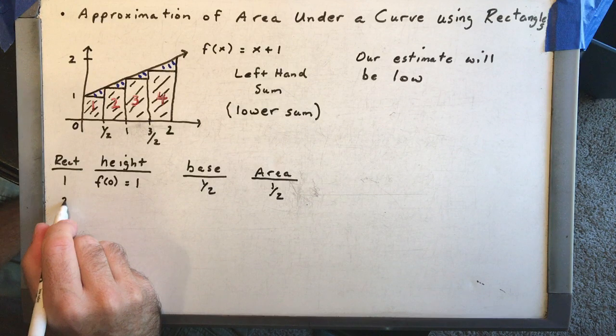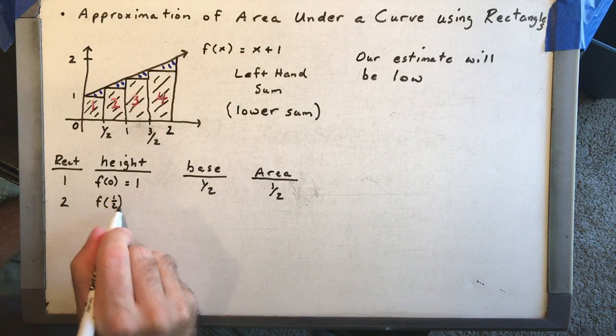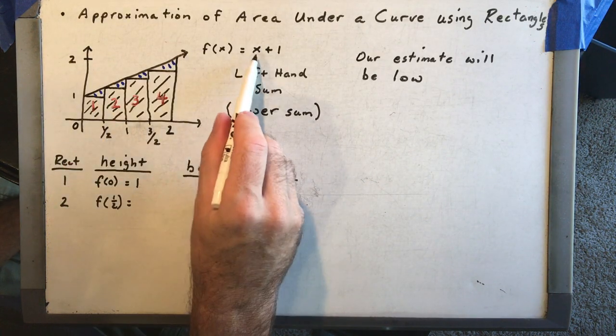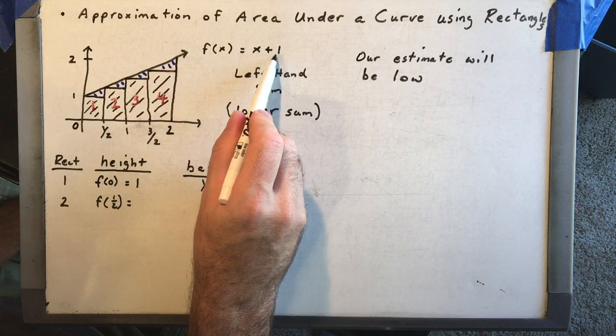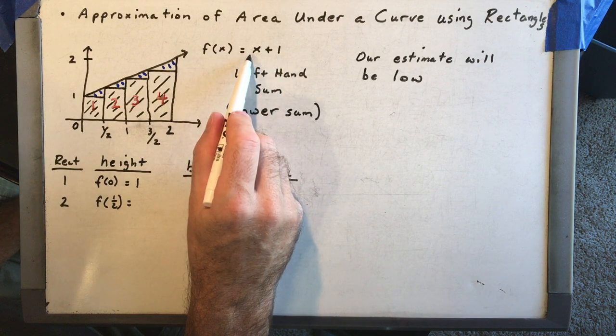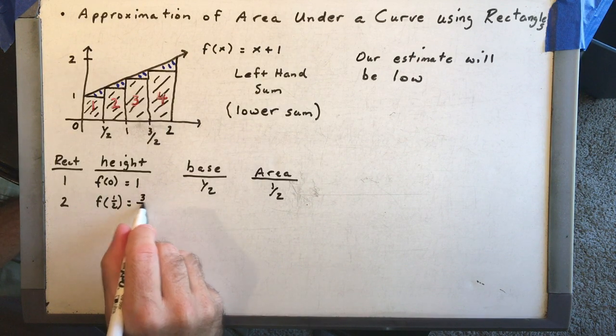For rectangle 2, that'd be f of 1/2, right? Because the left side is 1/2. 1/2 plus 1, all right? The height is, again, you've got to stick it into this. 1/2 plus 1 would be 3/2.